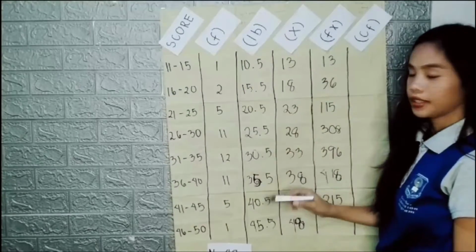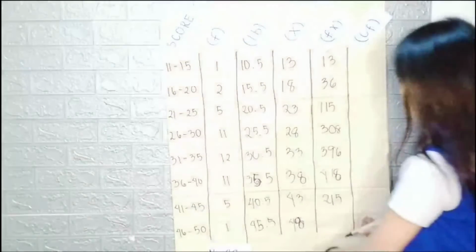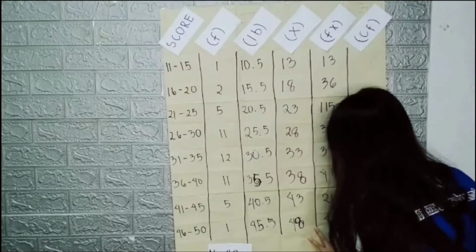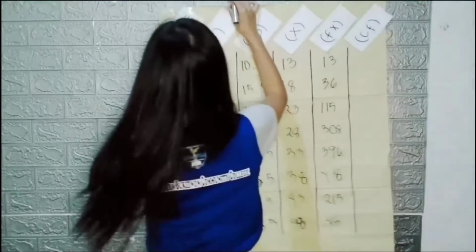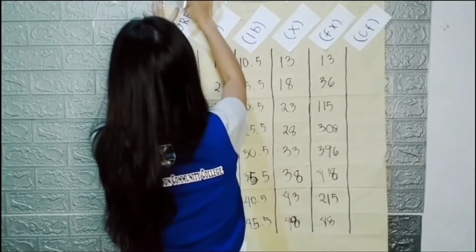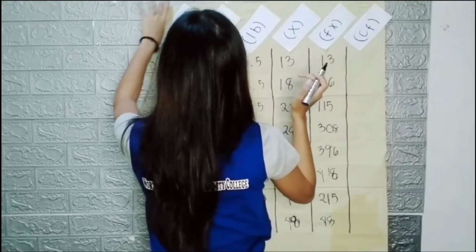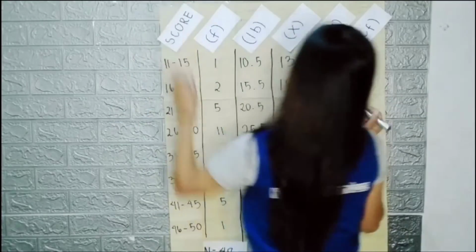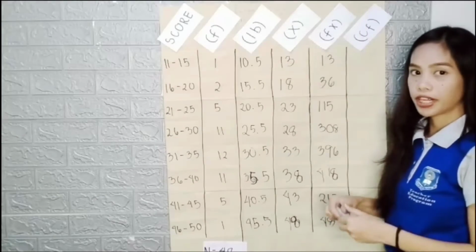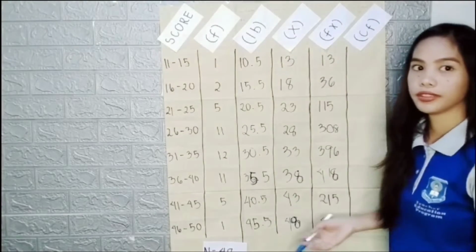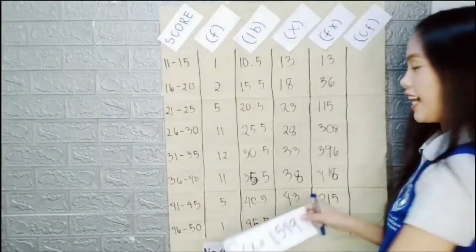Lastly, 1 times 48 is equal to 48. So our summation of the frequency times the class marks is equal to 1,549.